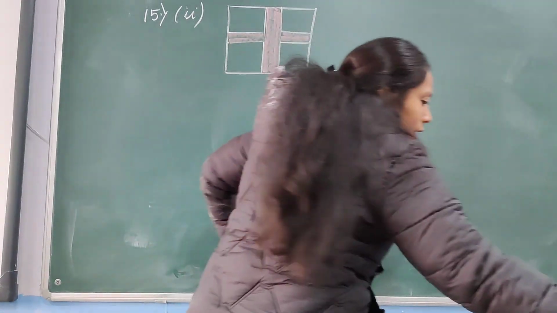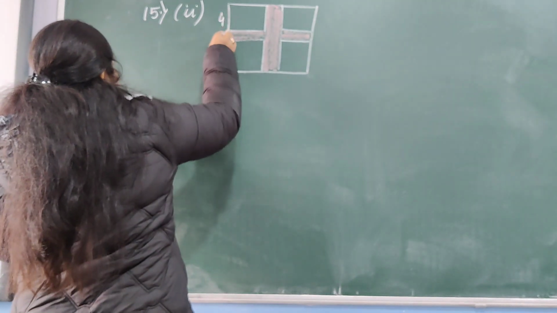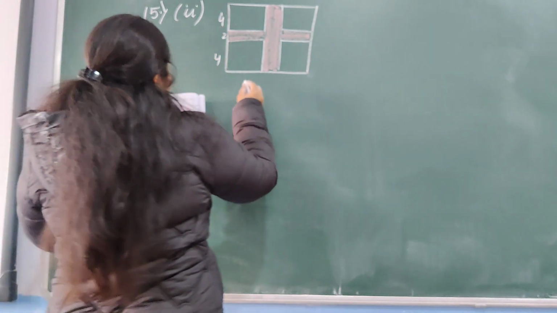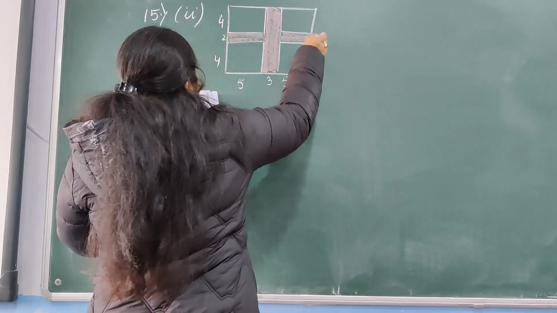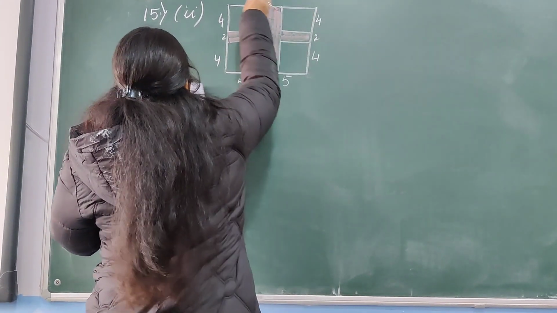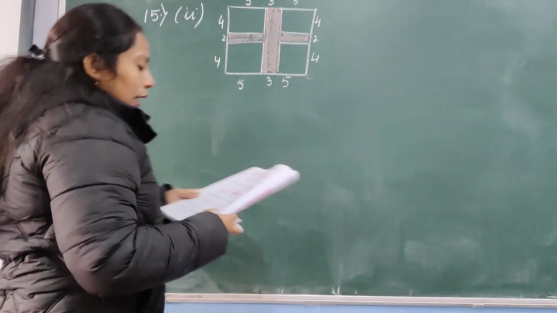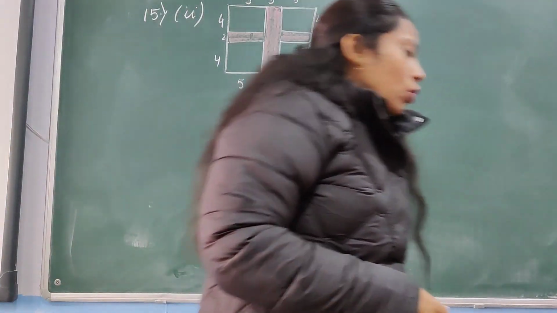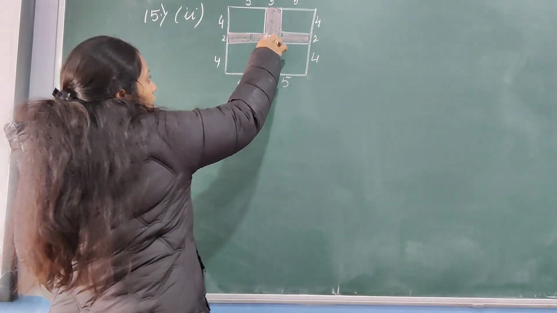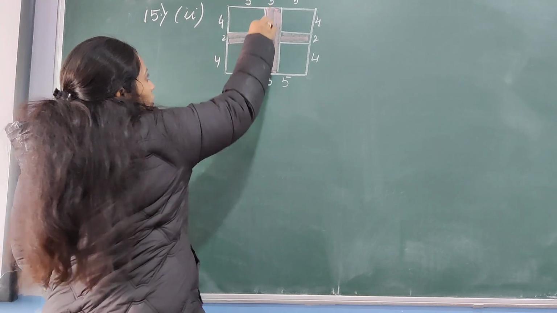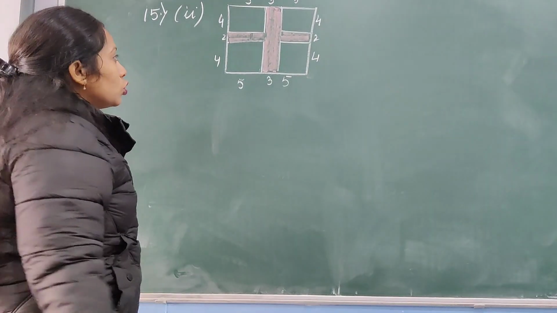Okay. So, what are the dimensions? 4, 2, 4, 5, 3, 5, 4, 2, 4, and this is 5, 3, 5. Now we need to calculate the area of the shaded portion. Very simple. You can see that to calculate the area of the shaded region, this is one of the shaded regions and this is the other shaded region.